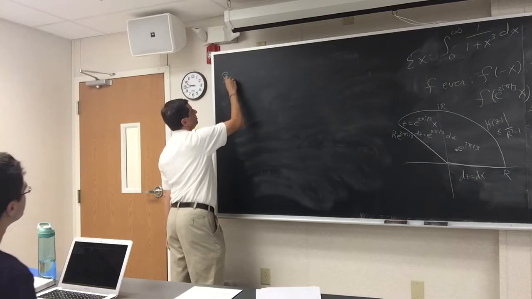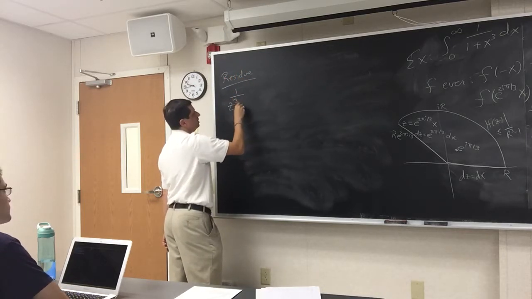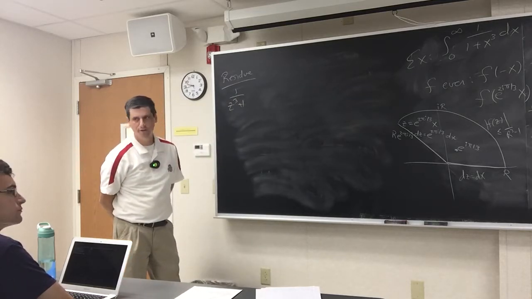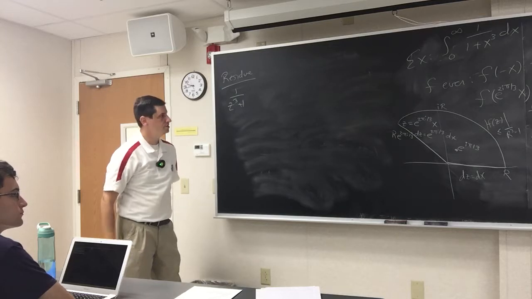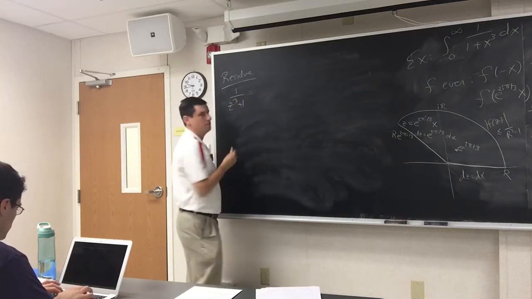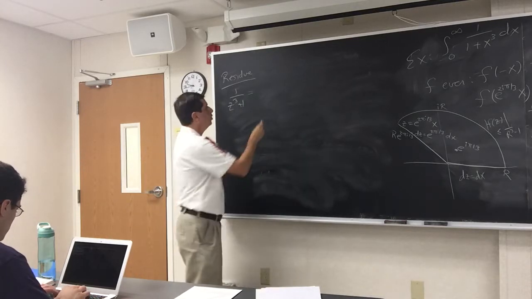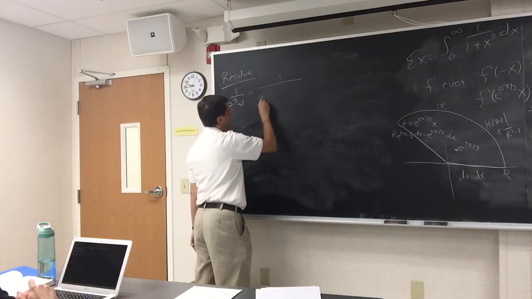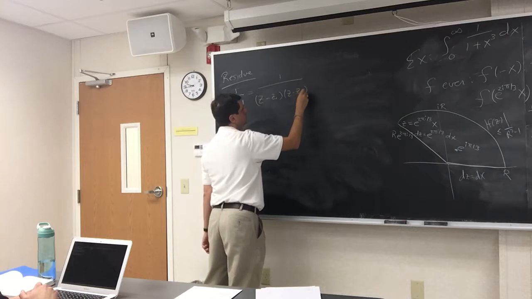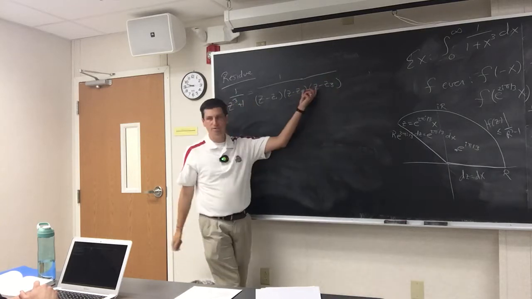So we have residue. So we have 1 over z cubed plus 1. And we want to find the residue of this at e to the i pi over 3. There's a couple of ways to do this. One is to start playing games and try to expand things out, but we also know this is 1 over z minus z1, z minus z2, z minus z3, where these are our 3 roots.